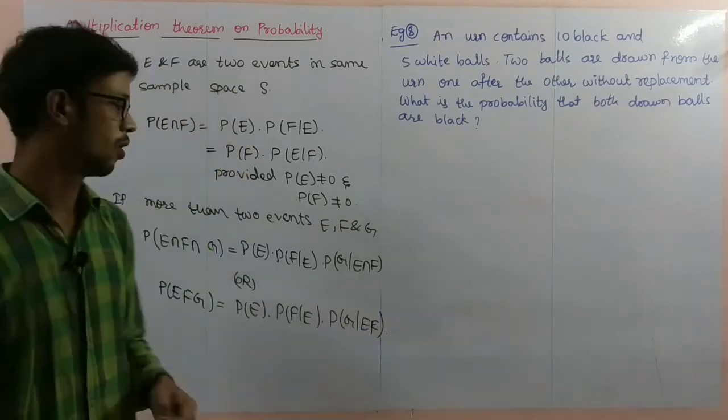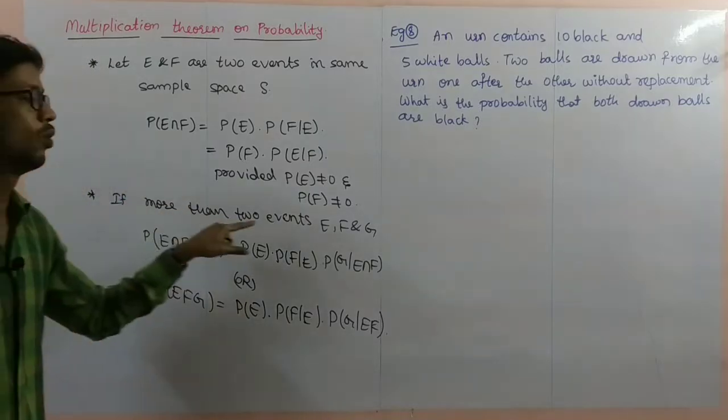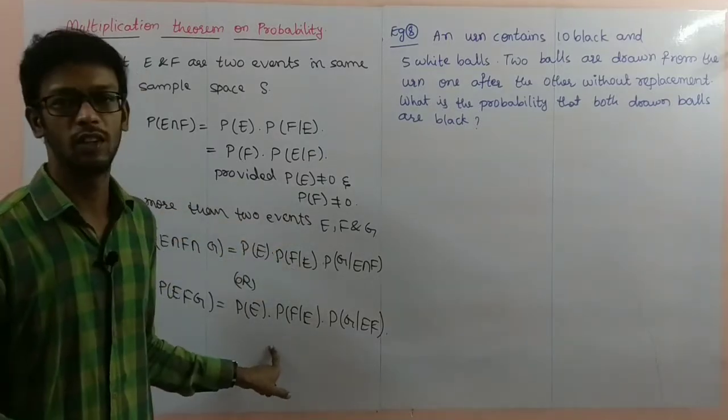Not writing the intersection is also no problem. So when there are more than two events, we have to use this formula.